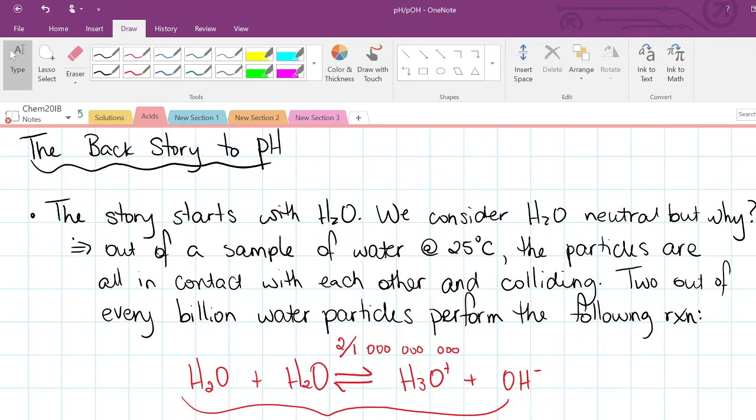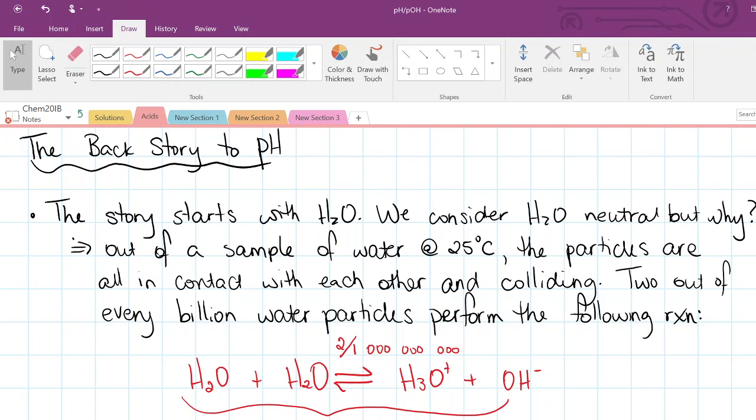And so that's why pure water carries some amount of hydronium in it, and it carries some amount of hydroxide. And the important thing to note is that the ratio between the hydronium and the hydroxide is equal. It's always a 1-to-1 ratio in pure water. So that ratio between the two is completely balanced. So when you make a solution, that solution is always going to have a balanced amount of hydronium and a balanced amount of hydroxide, because the water itself carries equal amounts of hydronium and hydroxide.